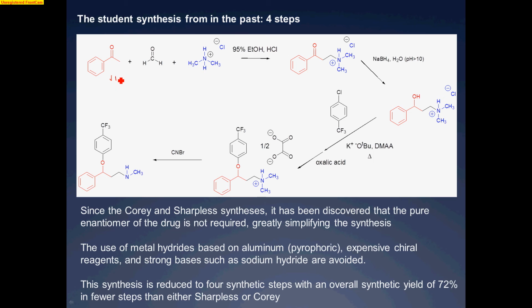This is going to go through an equilibrium to give us this enol intermediate, and that is going to react with this intermediate to give us something that looks like this.